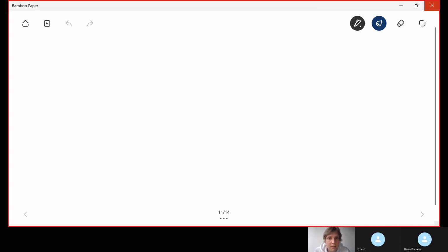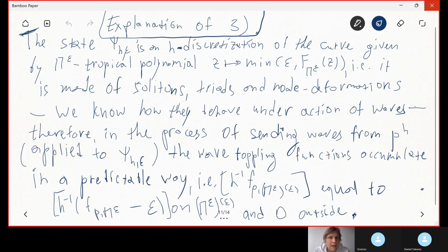And let's see what I write about that. So explanation of 3. So this state, psi h epsilon, is h discretization of the curve given by this tropical polynomial, which is epsilon close to the boundary, this tropical curve. So it's made of solitons, triads, and node deformations, and we know how they behave under action of waves.